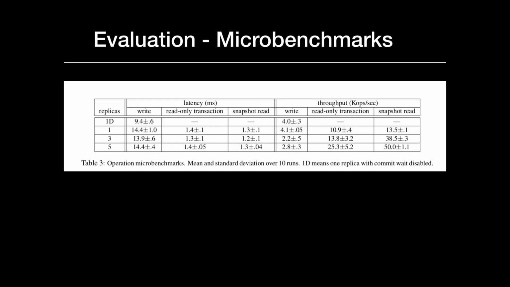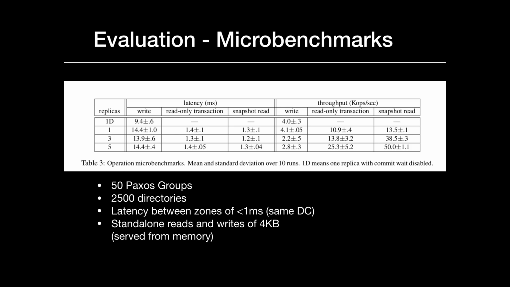Alright, and now to wrap things up, let's take a look at Google's initial evaluation of Spanner. Their first evaluation was some micro benchmarks that were run to try and determine the overhead of Spanner's call stack for things like standalone reads and writes, which are reads and writes that don't necessarily touch more than one shard.